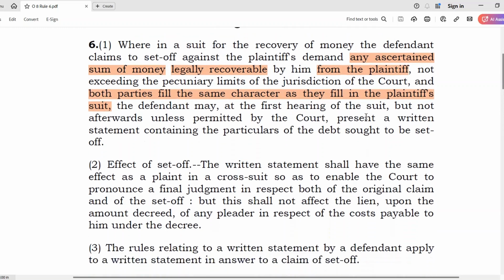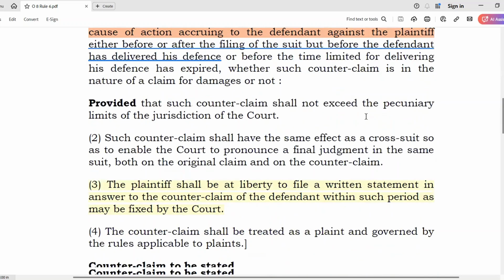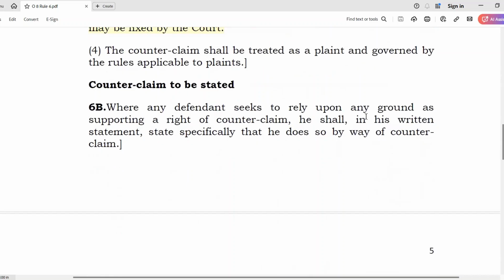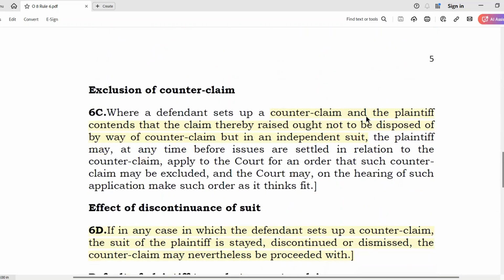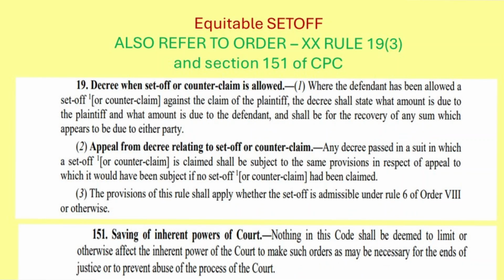Here there is a bit of discretion with the court, and therefore the court has to exercise its power under Order 20, Rule 19, Sub-Rule 3. While disposing of the suit, the court will quantify the amount of set-off and will allow it against the plaintiff's claim.